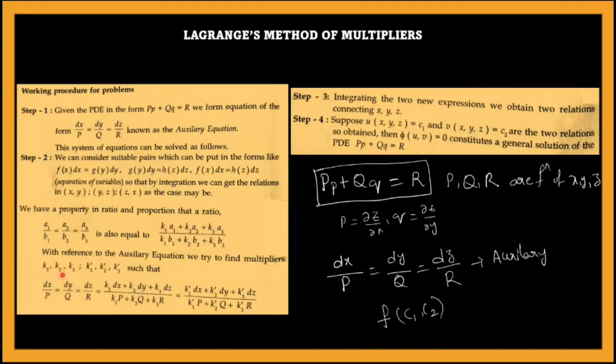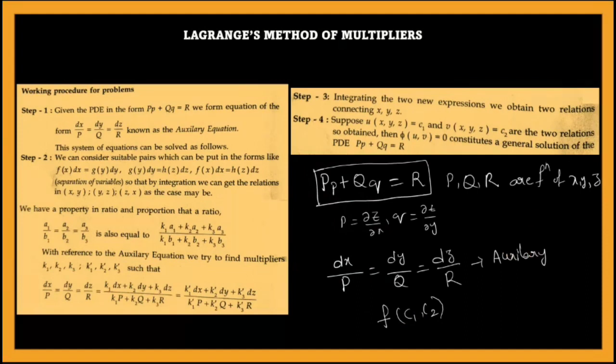These are the multipliers. Now our job is how to find these multipliers. After finding the multipliers, we just have to write the function u of x, y, z equal to c1, v of x, y, z equal to c2, and the final answer will be of this form: f of c1, c2 or phi of c1, c2.